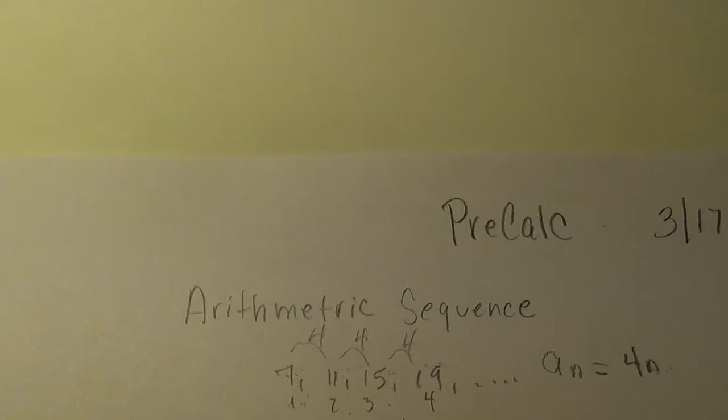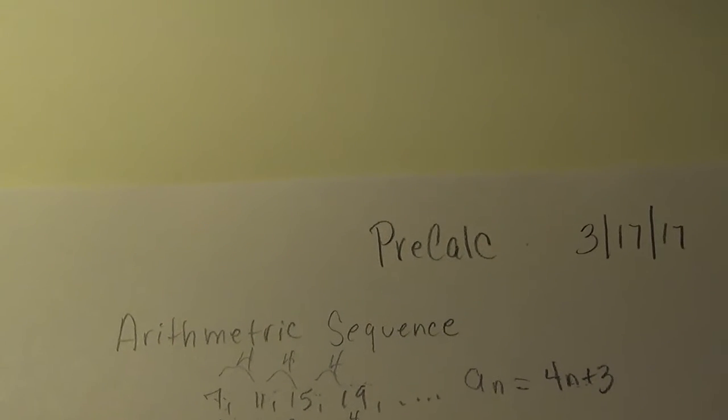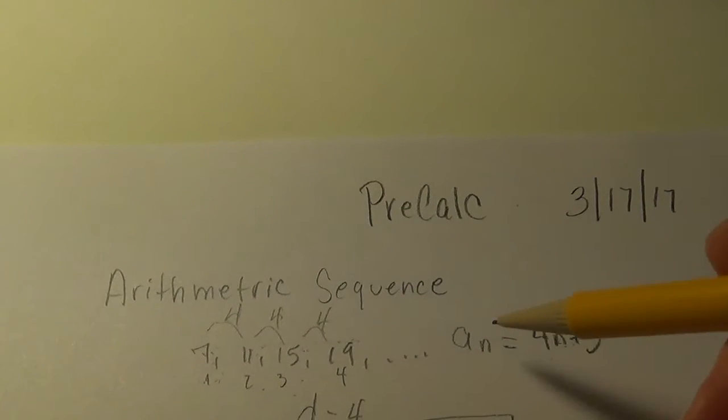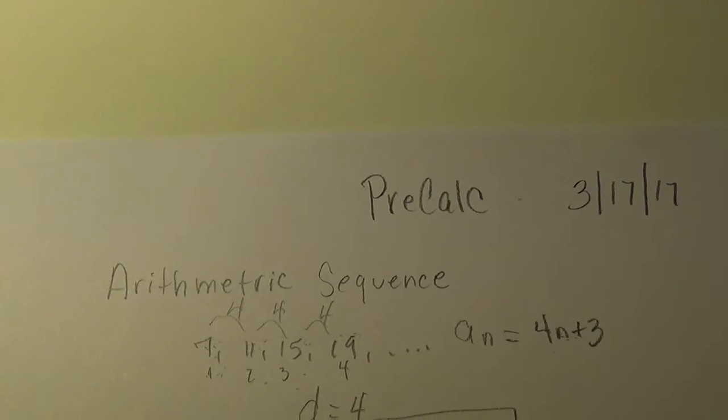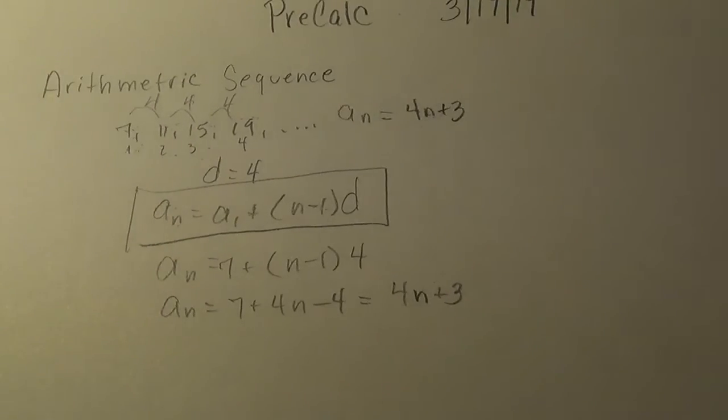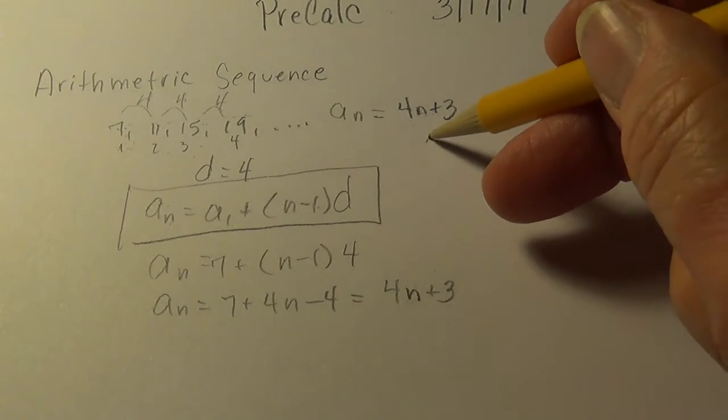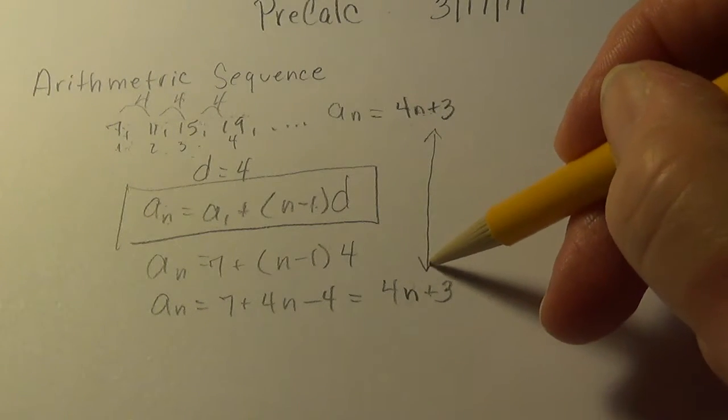So we have to add 3 for each, we're off by 3 each time. So you can see we were able to come up with it just by a little bit of trial and error, where this formula was able to come up with it also.